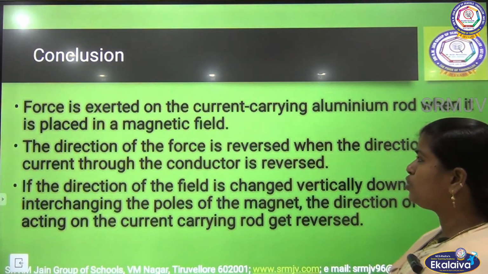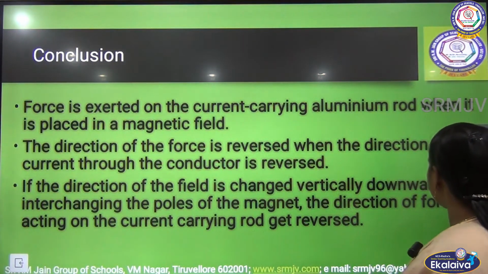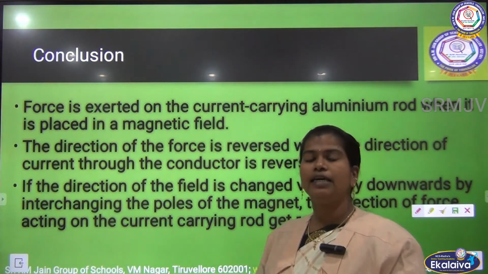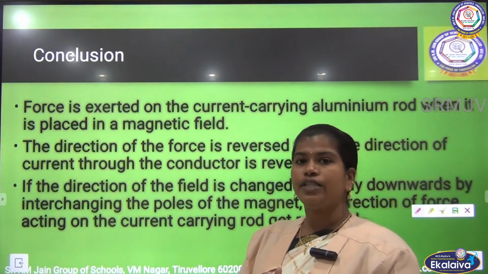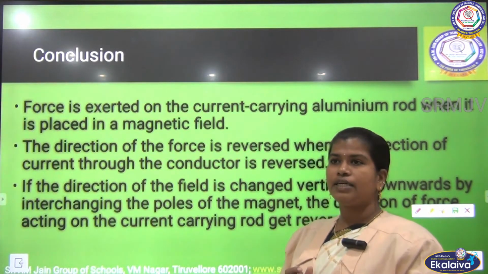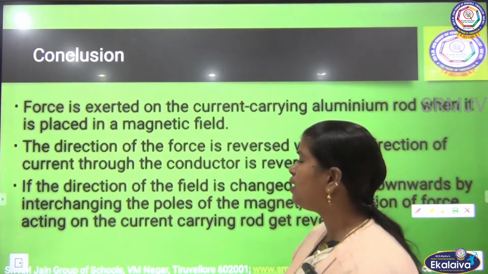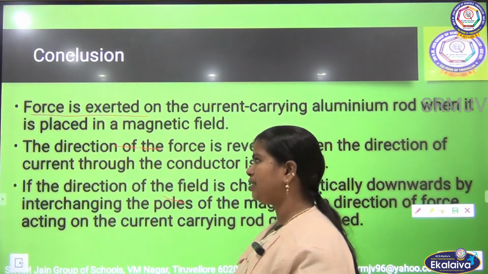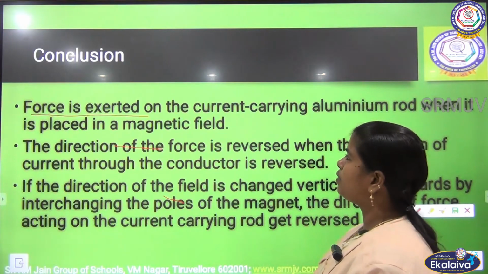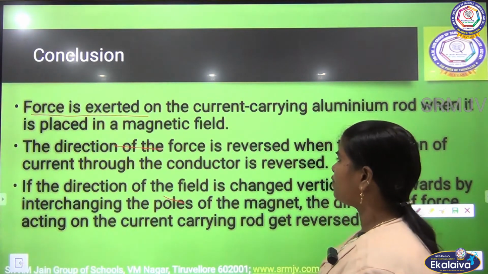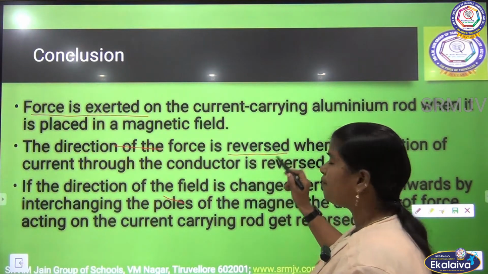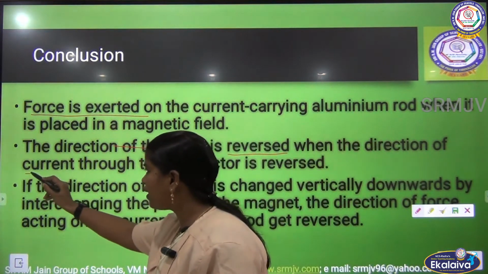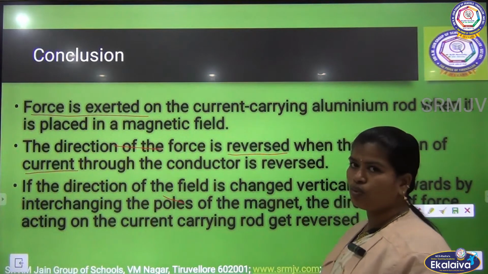The very first thing we observe is that when the magnetic field and the current are perpendicular to each other, that is at right angle, they exert a force. Next, the direction of the force is reversed when the direction of the current through the conductor is reversed.